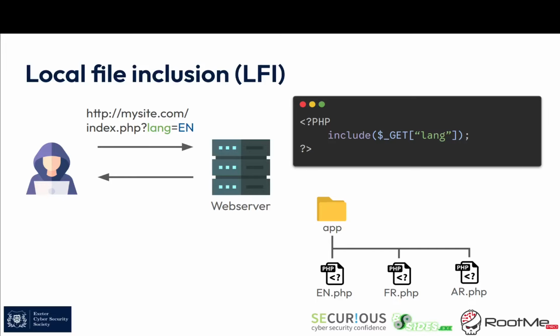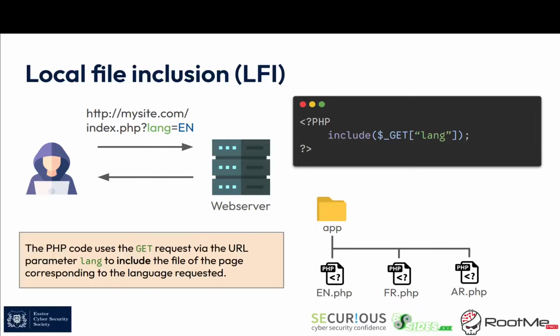This is useful because in a typical use case, I could provide my homepage in 3 different languages: English, French, and Arabic. All I have to do is change the value of my lang parameter, and it will load the corresponding translation into my homepage. So the PHP code uses the GET request via the URL to include the file of the page corresponding to the language that I requested. And that GET request will look like this.